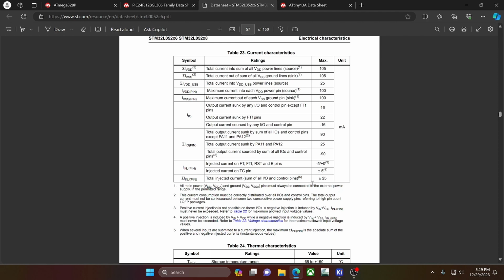So where I'm going with all this is if you have a problem with your LED and you need to switch it out, or you need to switch out your microcontroller, you gotta look these up. I had one where this number was 10 milliamps.